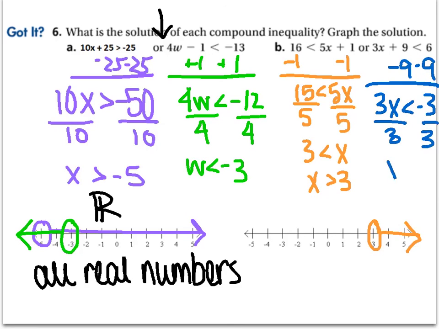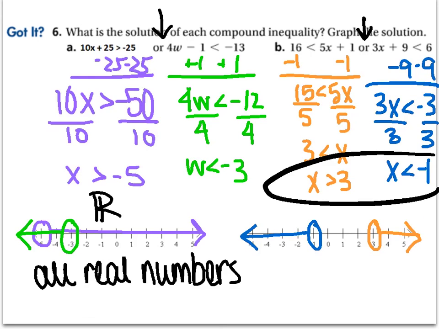And you also get that x is less than -1. And remember, we have an or inequality, so that means either one or the other has to be true. Both don't have to be true. So those are our answers. Either x is less than -1 or x is greater than 3.